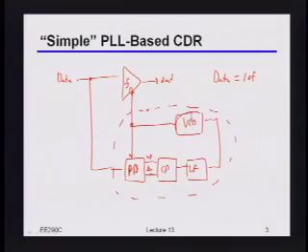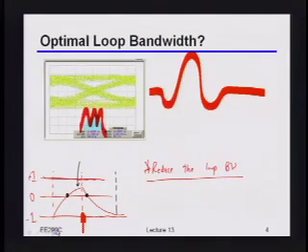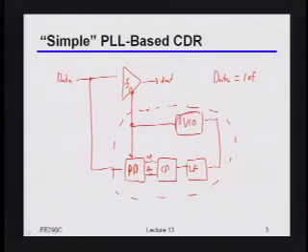And if it has quite a bit of jitter, that tells you that you'd really like to make the bandwidth of this loop kind of high in order to get rid of that jitter. But then the problem we started getting into was, wait a minute, if we make that bandwidth high, then unfortunately all of the jitter that's sitting on our incoming data, which tends to be quite a bit, if nothing else just due to residual intersymbol interference, will be passed very heavily into the output, even if we're killing the noise from the VCO.